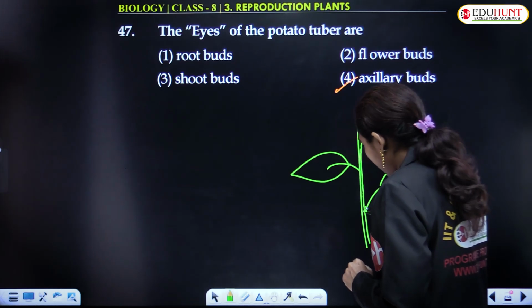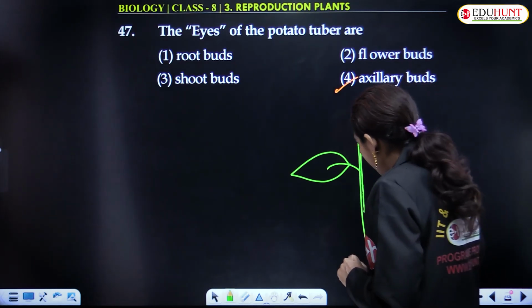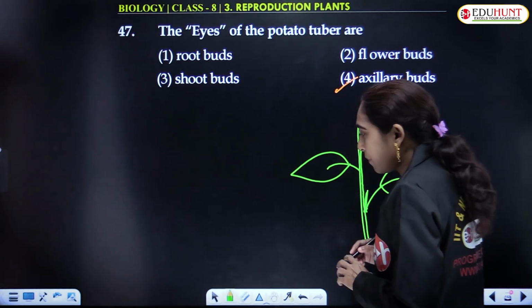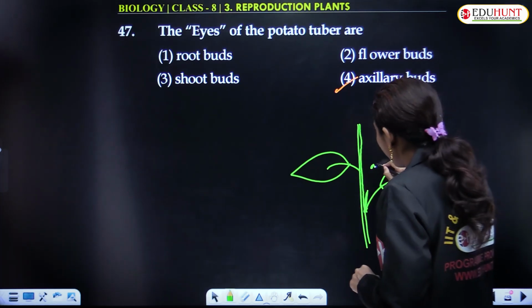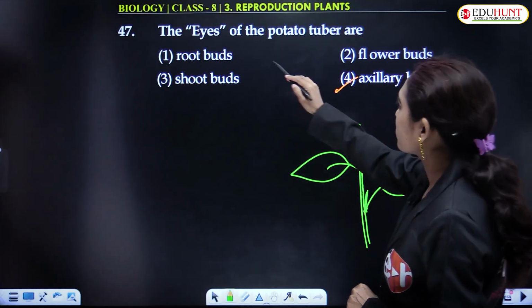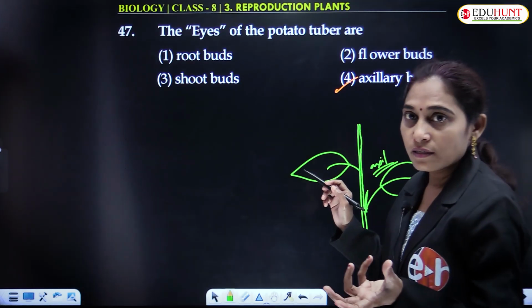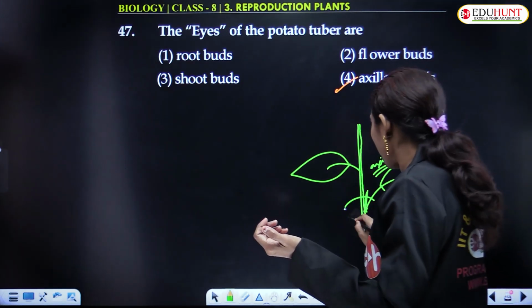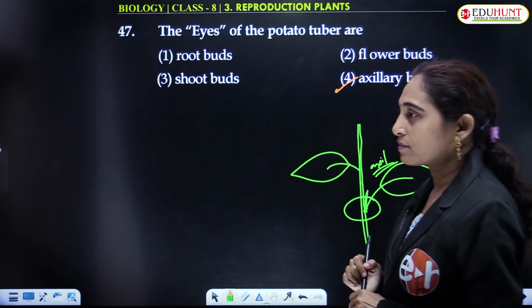This is the portion called the axil, and from here some buds arise, called axillary buds. So the eyes represent the nodes from which the axillary buds arise.